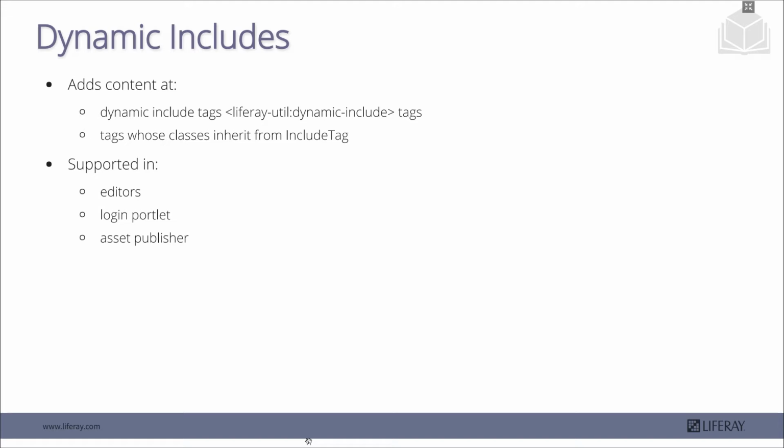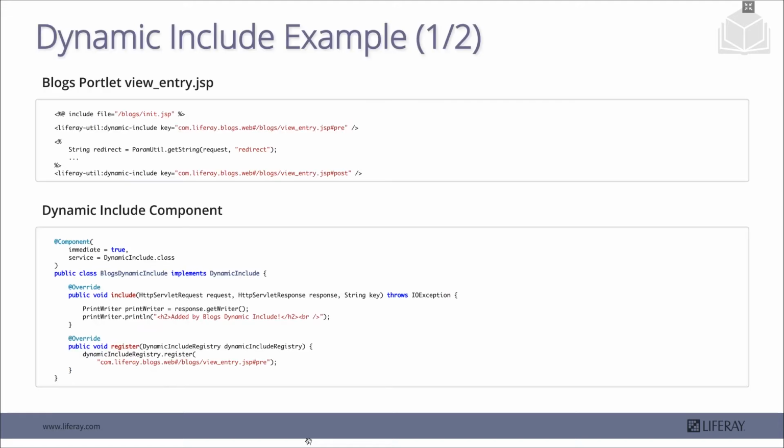Now let's take a look at how we're able to use these dynamic includes. Let's say we have the blogs portlet and we're looking at the view entry.jsp. Within that JSP, you'll notice the dynamic include tag followed by a specific key. We have a key for pre and a key for post, and we're able to inject our customization within either one of those tags.